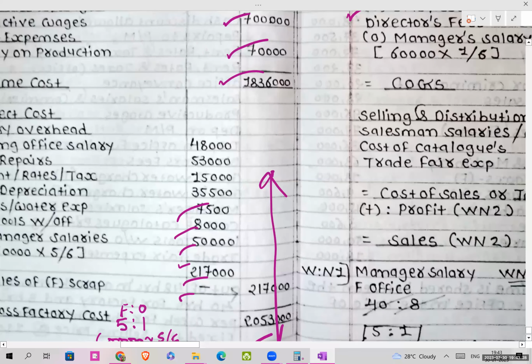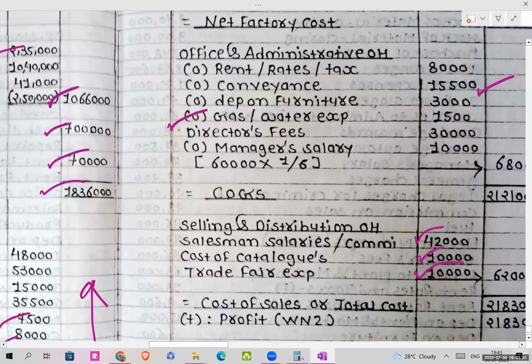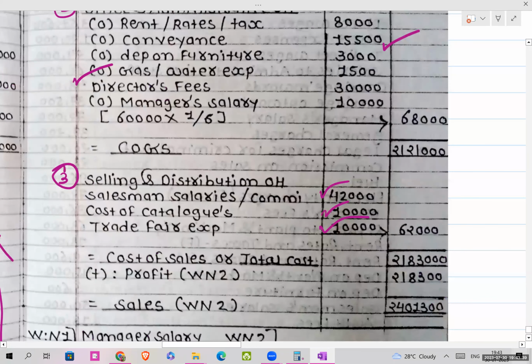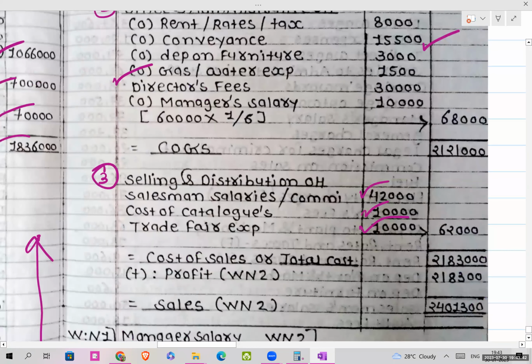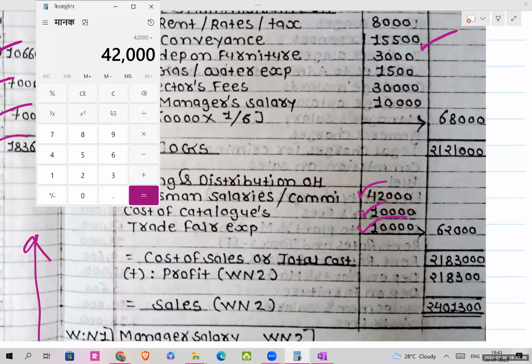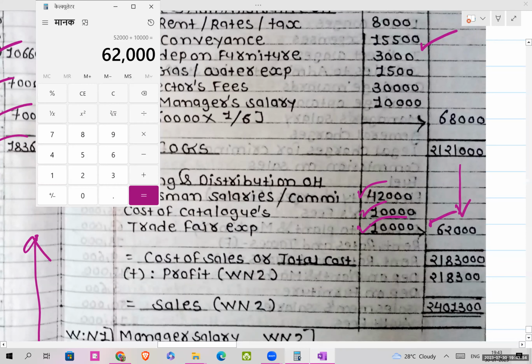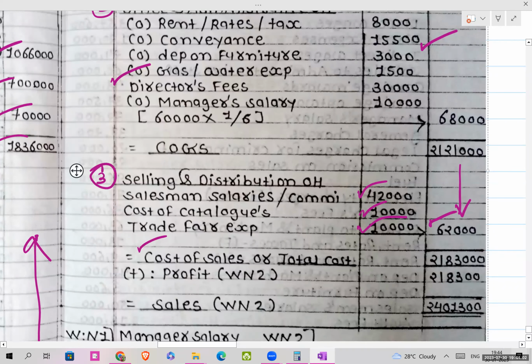Just put factory first है ना, तो सेल आपका ये एडमिन सेकेंड है, प्लीज इसको नंबर डालो, और ये थर्ड है। तो डायरेक्ट एक्सपेंस में भी तीन, डायरेक्ट कॉस्ट में भी तीन है, और इनडायरेक्ट में भी तीन है। This is the third one. Okay, so 42,000 plus 10,000 plus 10,000. That makes it to 62. Please add it to the previous total of COGS, cost of goods sold, 21,21,000, 21,83,000. So this gives me my cost of sales. Okay, cost of sales also known as total cost in simple language.